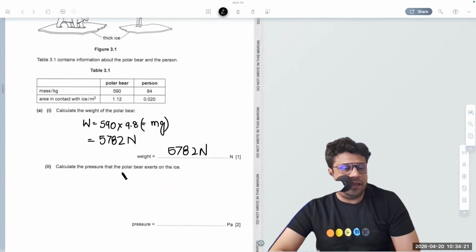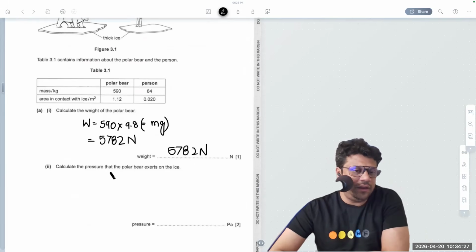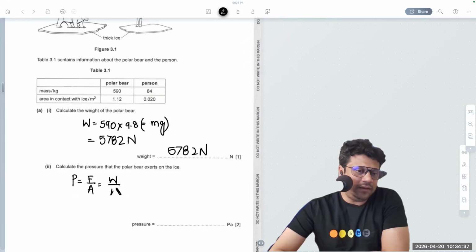Calculate the pressure that the polar bear exerts on the ice. Well, pressure equals force by area. The force the polar bear applies is its weight, divided by the area.